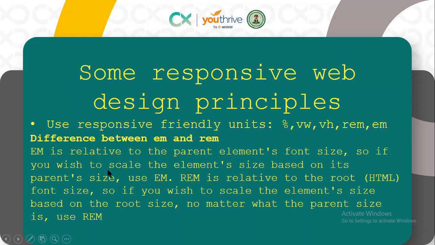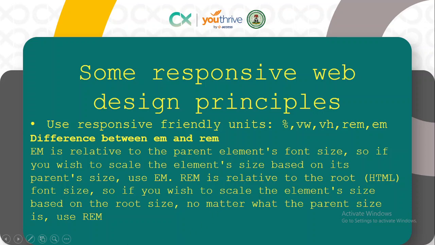So if you wish to scale the element size based on its parent size, use EM. REM is relative to the root, the HTML font size. So if you wish to scale the element size based on the root size, no matter what the parent size is, use REM.